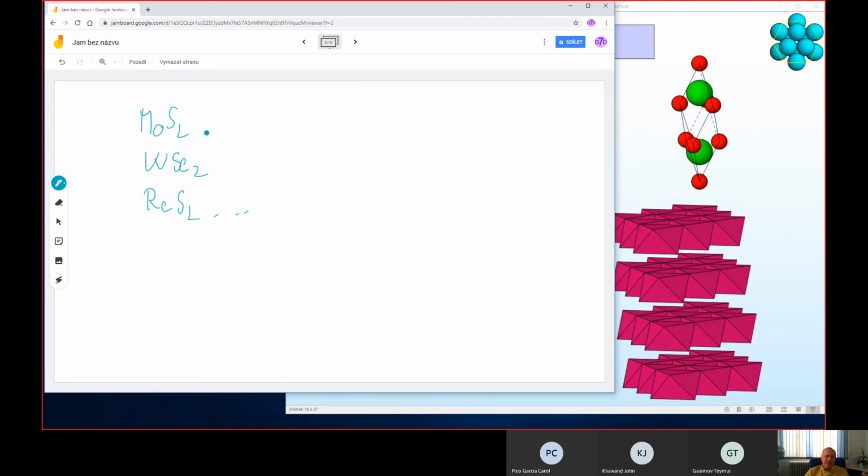In fact, in molybdenum disulfide we also have another similar type of layers, but molybdenum is in trigonal prismatic coordination. This is the third type, or polymorphic form, of molybdenum disulfide, where molybdenum sits in a trigonal prismatic coordination.